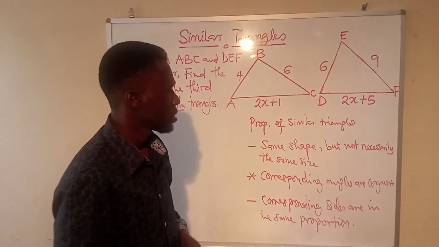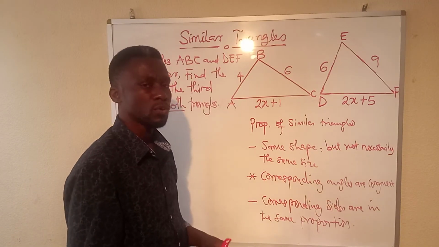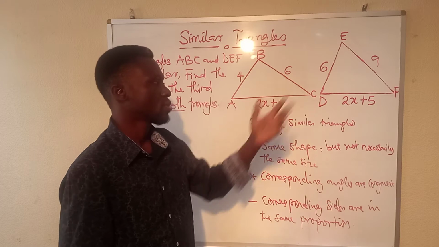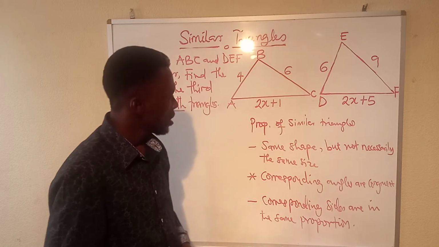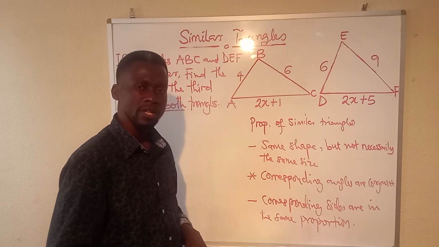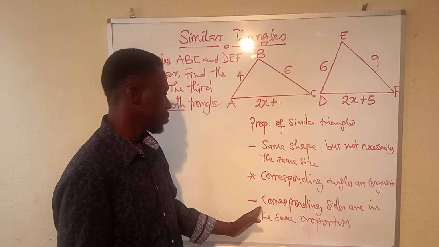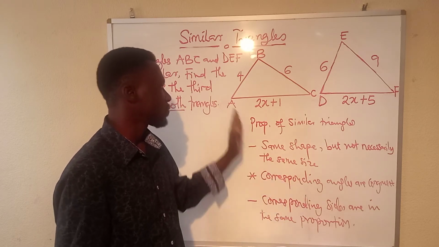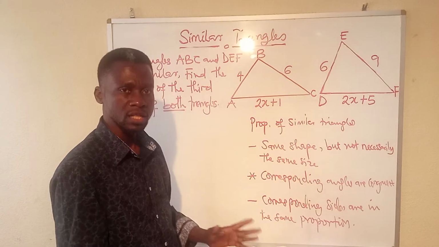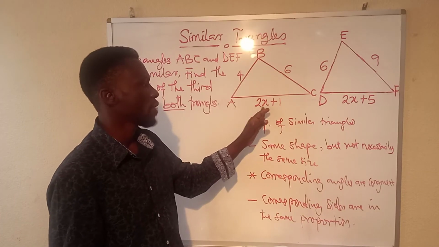That is what it means. So we can write this out, and then we'll be able to find the length of the other two sides. To do that, we shall put the corresponding sides of these two triangles in the same proportion, and then we'll be able to solve for the value of x.